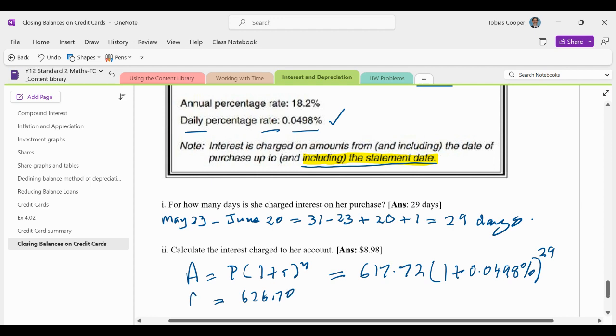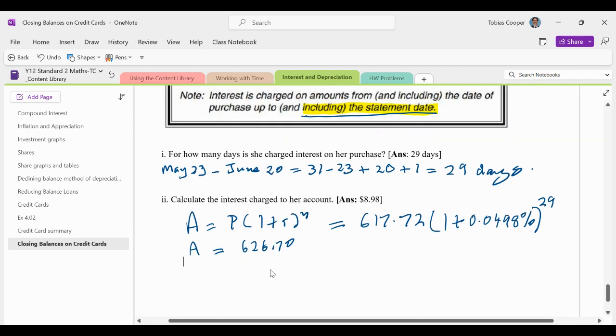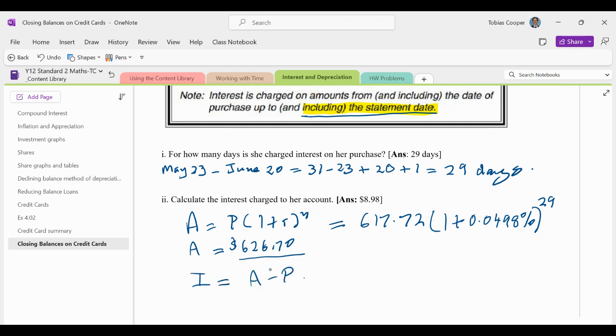Now remember that the compound interest formula actually includes the interest in that calculation. So interest, remember, is A minus P. So you're just going to go 626.70 minus 617.72, and that should give you $8.98 as your interest. Okay, so that's the answer.